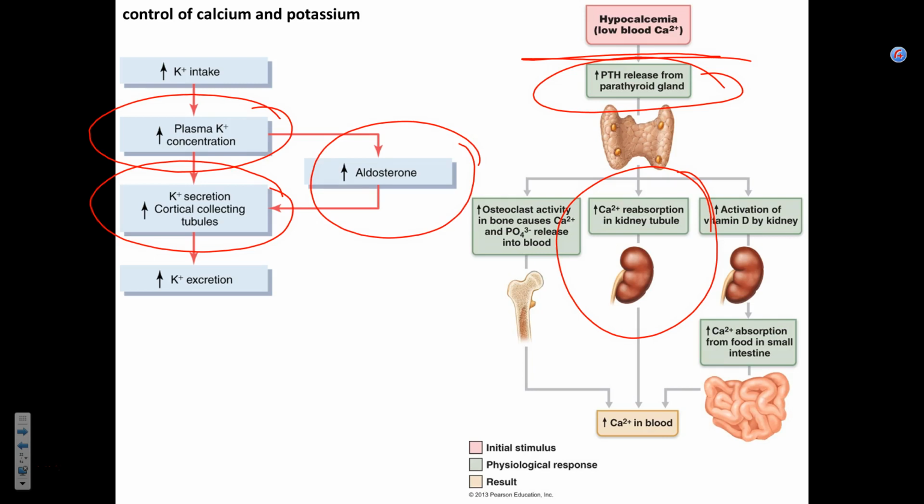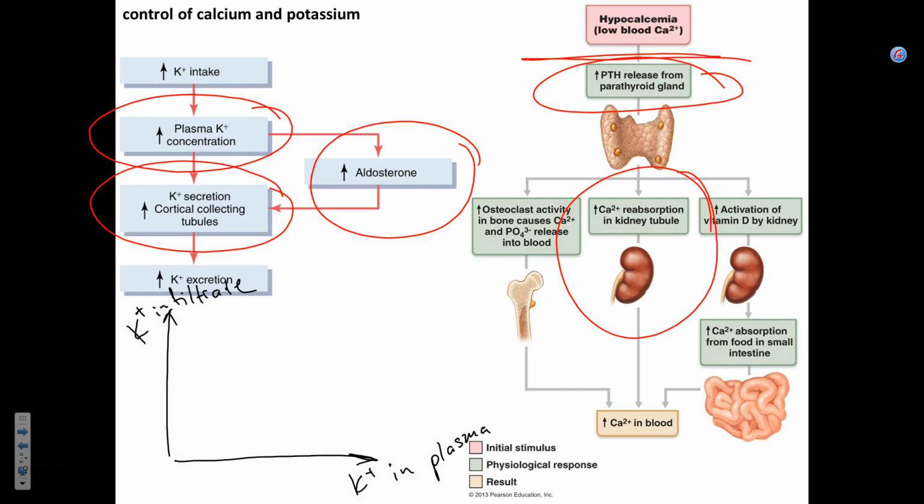Let me explain what I mean. It's going to be very schematic. I wouldn't take what I'm going to draw now as the exact representation of physiological scale and numbers, but it gives you a pretty good understanding. So on the x-axis is potassium in plasma, on the y-axis is potassium in filtrate.